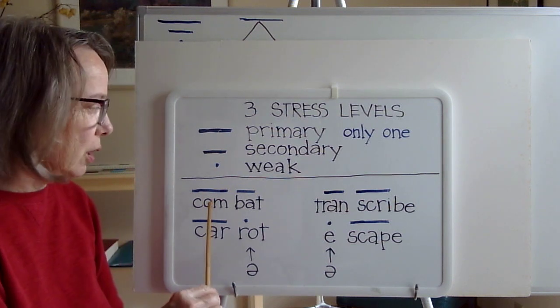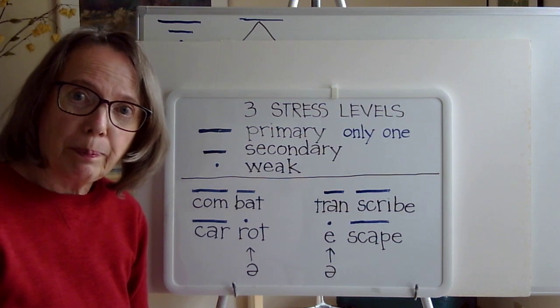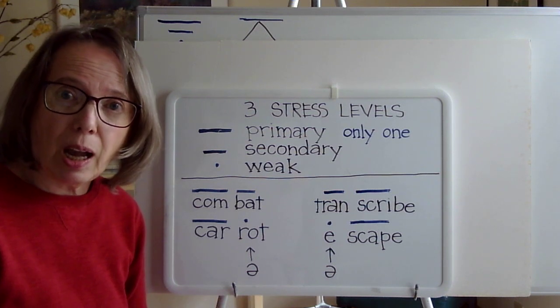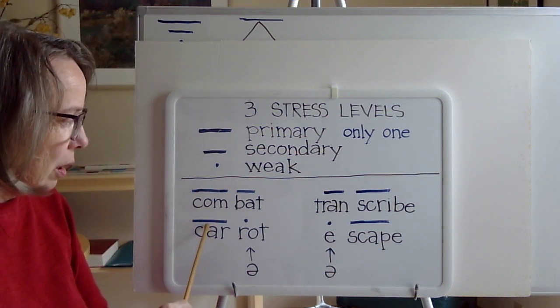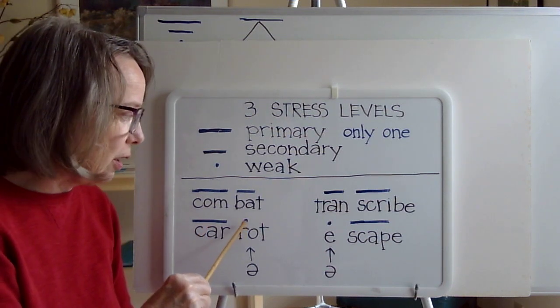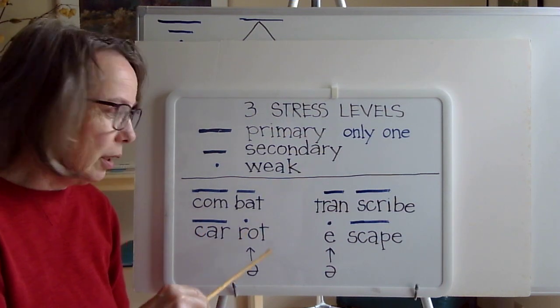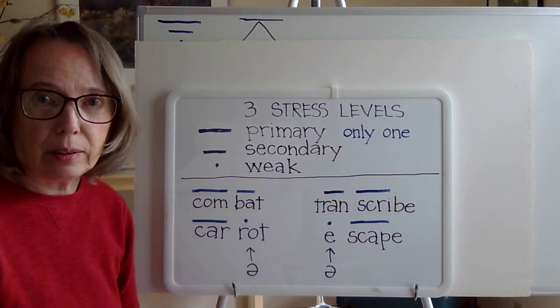So both of these contain a full vowel. There's no schwa. Combat, combat. This one has the primary stress on the first syllable, but the second syllable is weak, and it contains a schwa sound. Carrot, carrot.